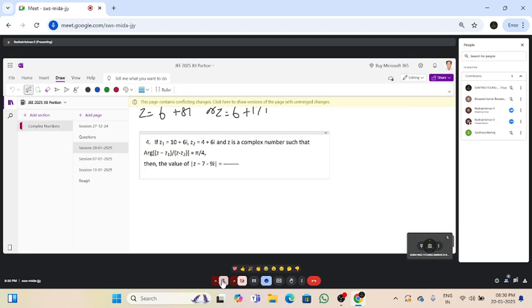So here, what is the concept? Arg of, let us say, Z1 by Z2. I'm just taking. Arg of Z1 by Z2 is what? What is the formula for how we can simplify arg of Z1 by Z2?